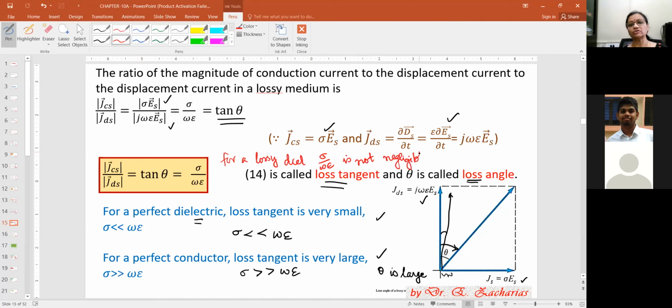But it is not too big either. It's not big like a conductor, and it is not 0 like a perfect dielectric. It is lossy, so it will be between the two. I hope you got the physical significance of this sigma by omega epsilon.